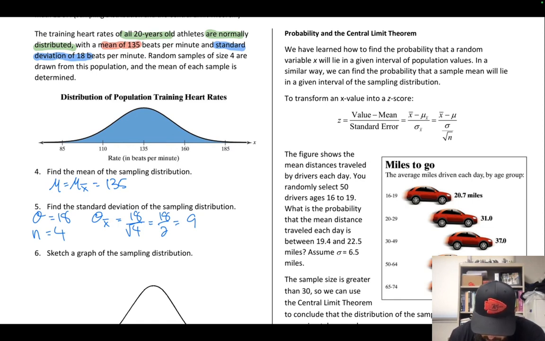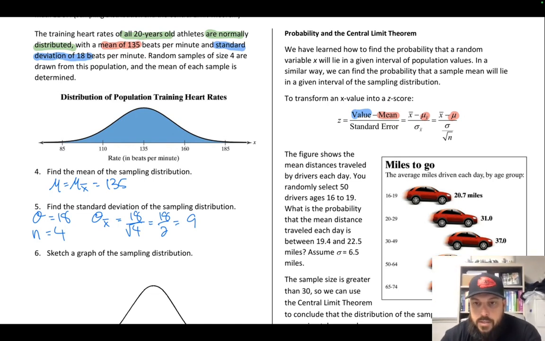We have our value minus our mean, which is what we've been comfortable with. Notice that the mean is that sampling mean, which is just our mean.